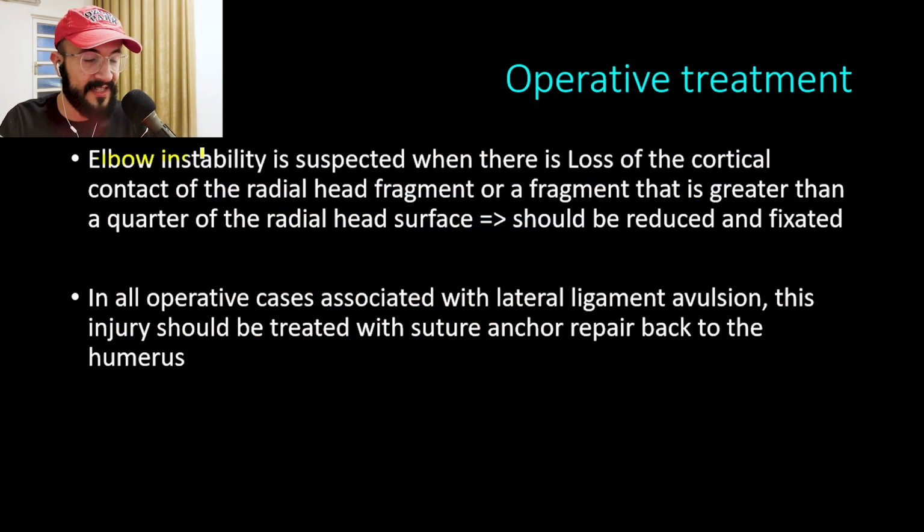Elbow instability is suspected when there is loss of cortical contact of the radial head fragment or a fragment that is greater than a quarter of the radial head surface, and in this case the fragment should be reduced and fixated. In all operative cases associated with lateral ligament avulsion, this injury should be treated with suture anchor repair back to the humerus.